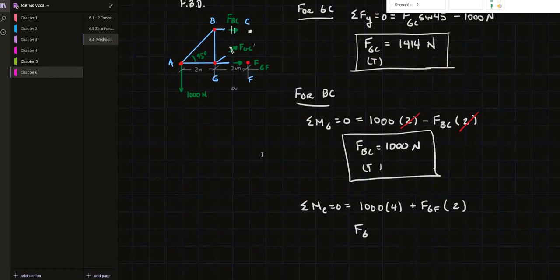So FGF equals, well, it's going to turn out to be negative 2,000, right? So that means FGF is in compression, and these other two members are in tension.